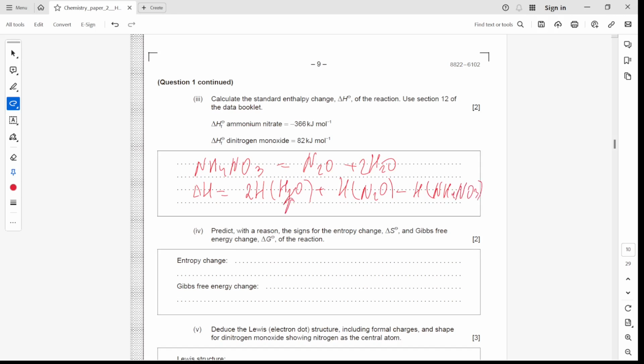For water, we need to look at liquid. So it's minus 285.8. And we just need to simply calculate 2 times minus 285.8 plus 82 minus 366. It's going to give us minus 124.